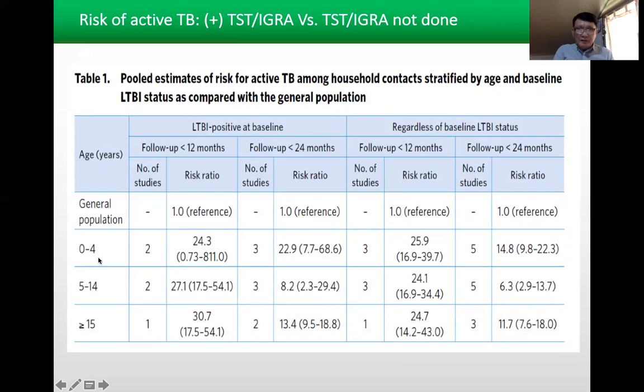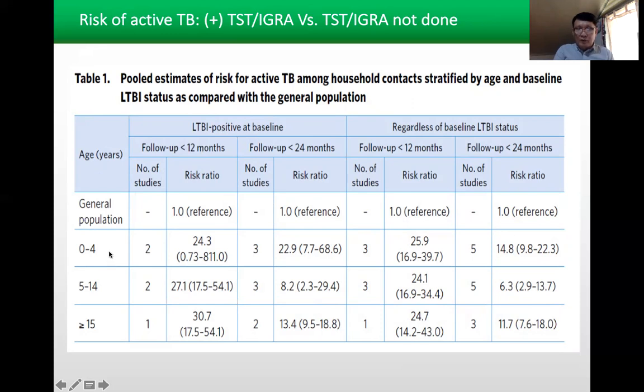Then we also have this under LTBI positive at baseline. They were already identified as LTBI. And in this column, regardless of baseline LTBI status.